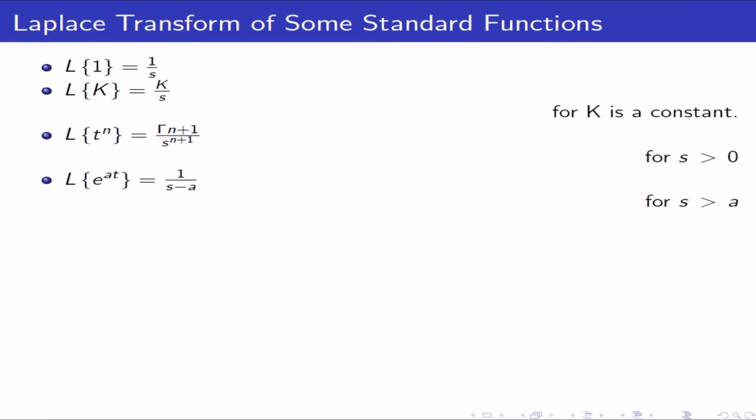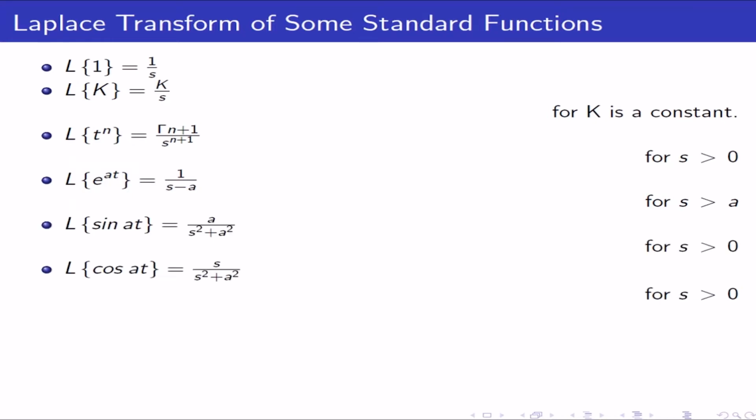The Laplace transform of e raised to at is equal to 1 upon s minus a for s greater than a. Then we saw the Laplace transform of sine of at is equal to a upon s square plus a square for s greater than 0. The Laplace transform of cos of at is equal to s upon s square plus a square for s greater than 0.